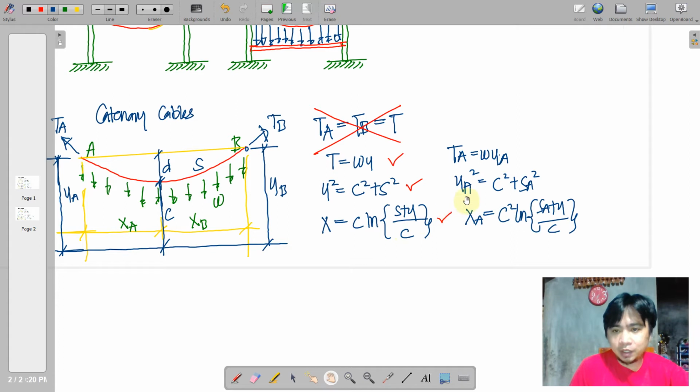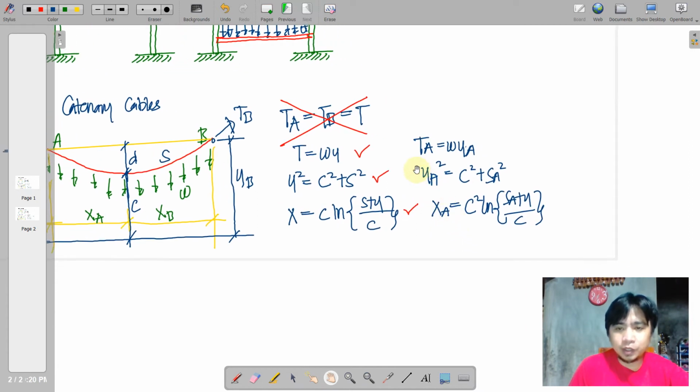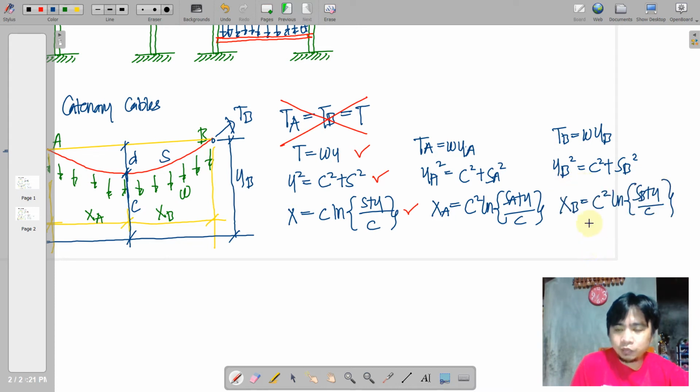So y becomes yA, S becomes sA, x becomes xA, and so on. Similarly, we write this expression in terms of B. The tension at B is the self-weight times yB, and yB is this expression. And if you need horizontal distances, this is the expression.